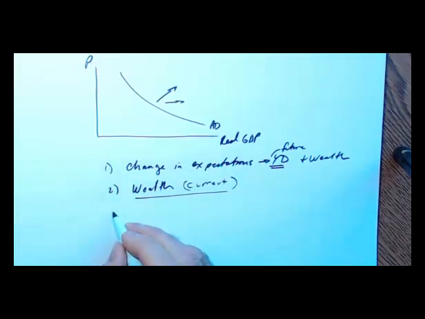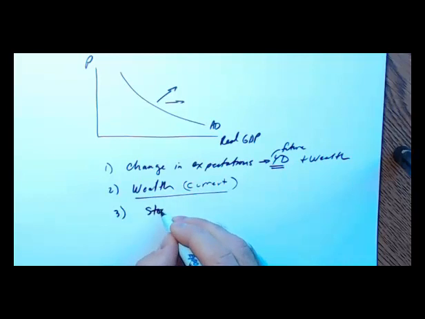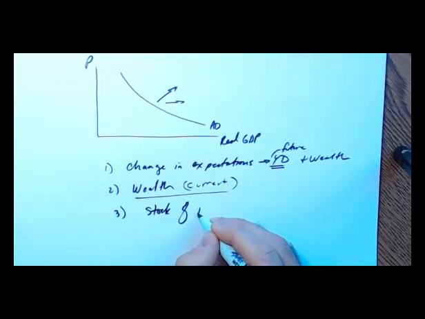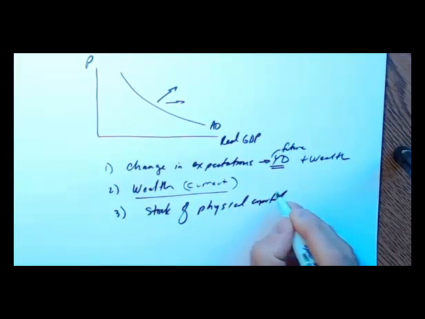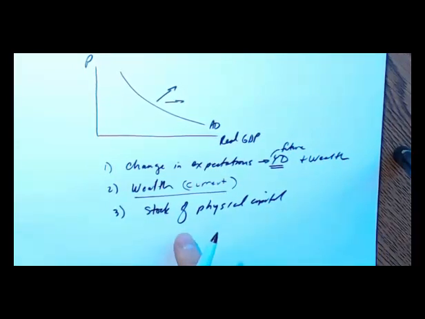Okay. The other thing is the stock of physical capital, which we saw in the last chapter around investment. So really what this is saying is, what is your stock of physical capital?